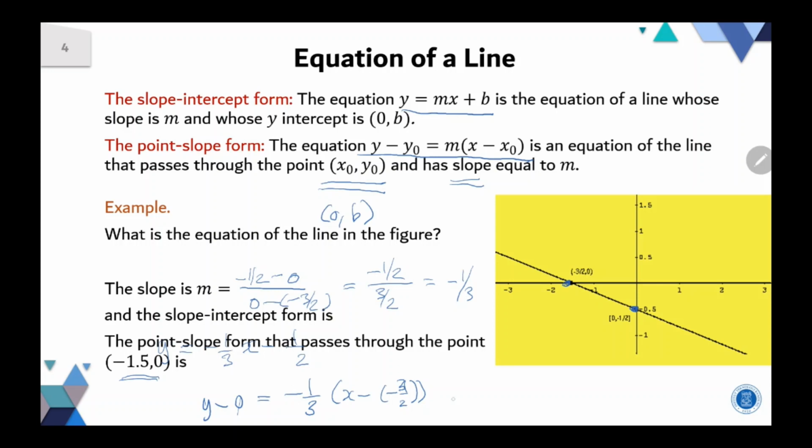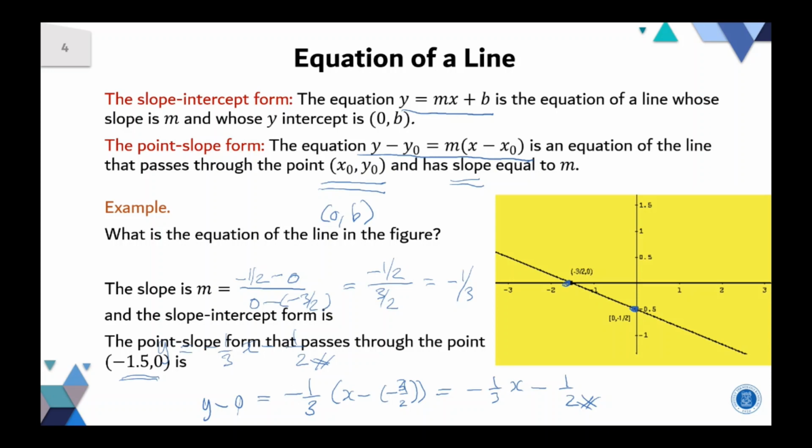Equal to minus 1 over 3 x plus, or is it minus? It's minus half. So it's the same thing. By using the two different forms, we will get the same equation of a line.